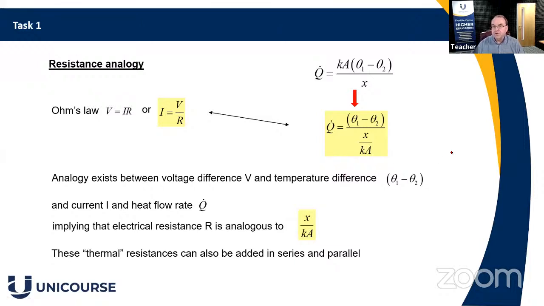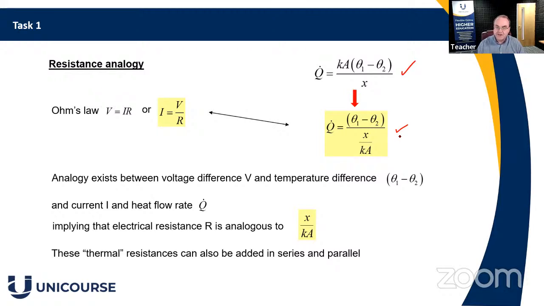Right, first of all, carrying that equation over from the previous page, so that's the equation on the top right, and we can rearrange that equation to q is equal to theta 1 minus theta 2 divided by x over k times a. So that's just rearranging that previous equation. So I want you to bear that equation in mind. So we'll put a tick by that to say we've discussed that.